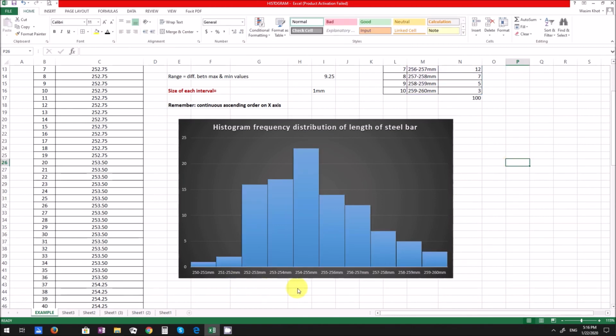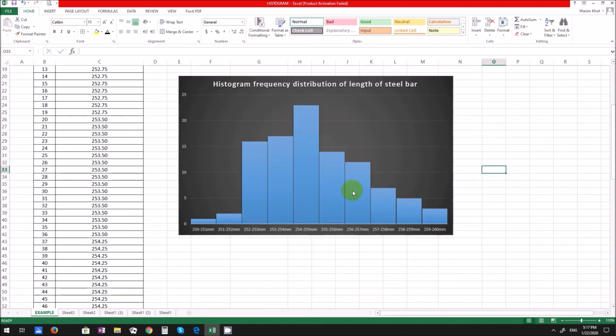So this is how the frequency distribution is prepared. We can analyze the distribution, and we can analyze the process and make some changes so that the distribution is uniform on the right hand side of the graph.